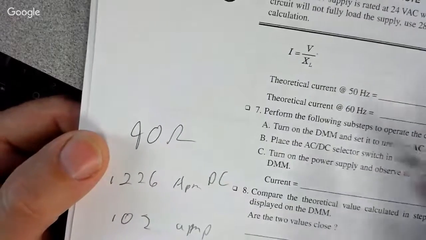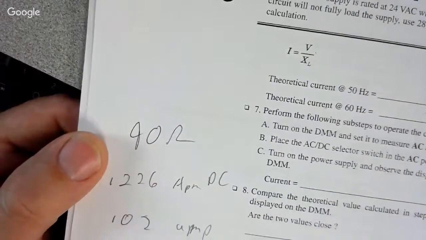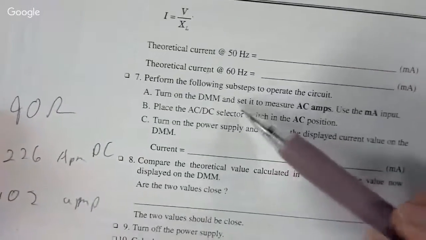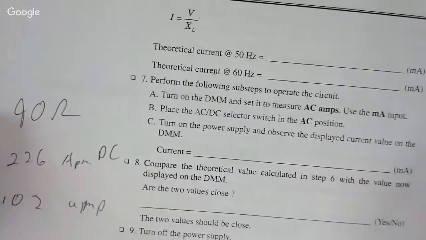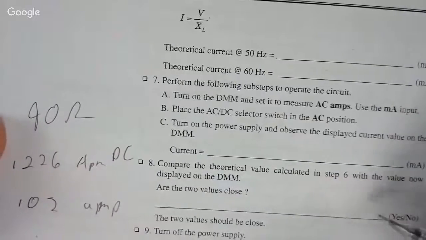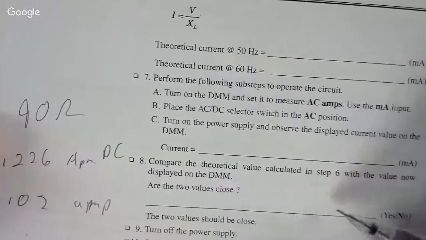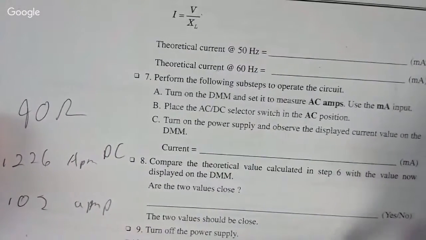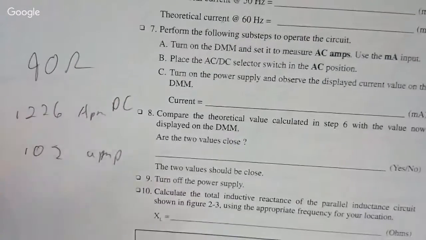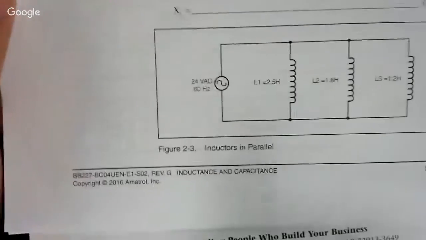What is the theoretical current at 60 hertz? Here it's going to say operate the circuit. You can hook that up in the activity 4 if you'd like to. And are the two values close? Well, they're pretty close.